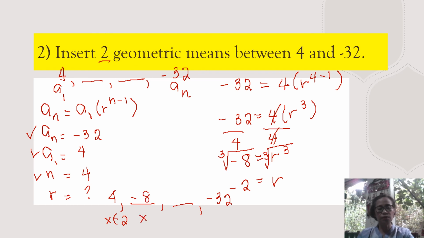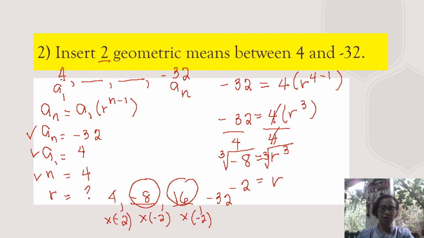Negative 8 times negative 2 is actually positive 16. Positive 16 times negative 2 gives you negative 32. So the two geometric means that we are looking for are negative 8 and 16. So that's how you solve for the geometric mean.